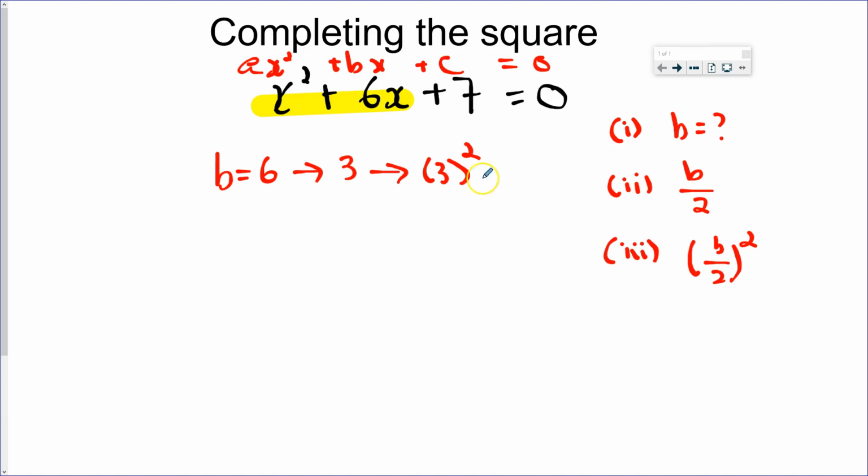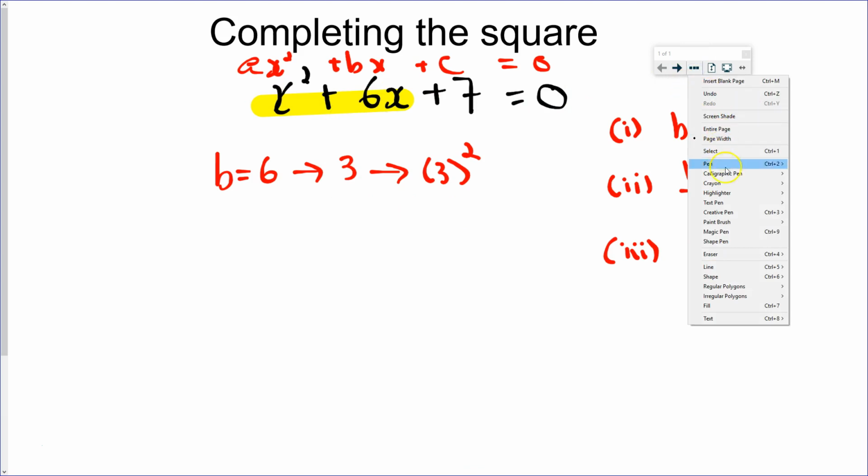This is what you're going to use. After these three steps, 1, 2, 3, the third step is the one you are going to use for the rest of your equations. So now we have this. Let me rearrange the equation a little bit.